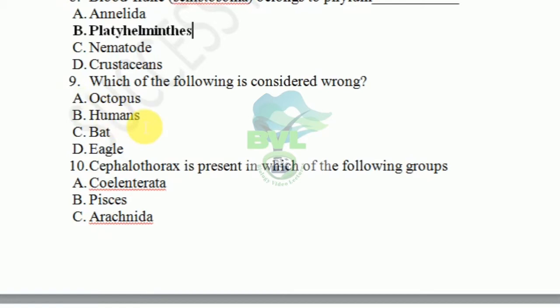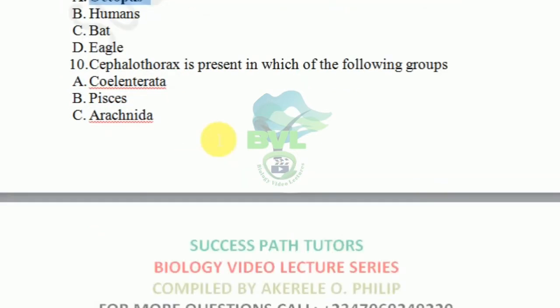All of them belong to kingdom Animalia, but this is phylum Mollusca, phylum Chordata, phylum Chordata. So this is the wrong or odd one out. You can see that is the only invertebrate here.